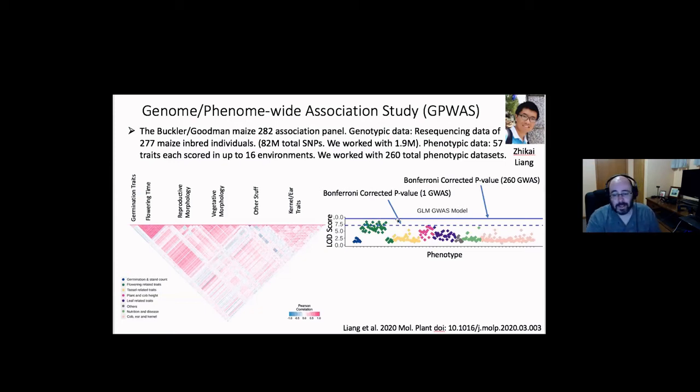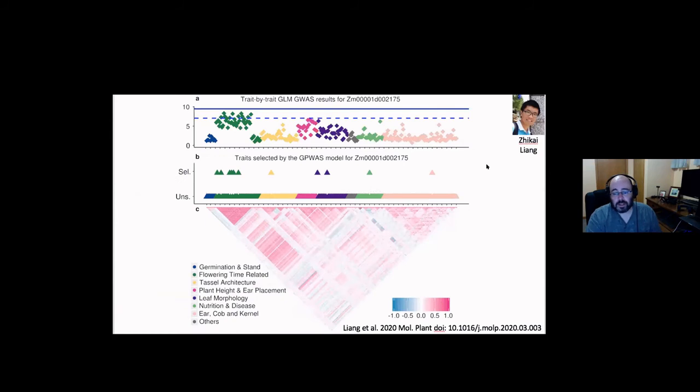Anyway. So what Jikai Liang did in his last project in my lab was to work with a statistician to develop a genome-wide, phenome-wide association study that uses both multiple SNPs, multiple genetic variants present within a gene, but also large sets of phenotypes which do not need to be correlated with each other.